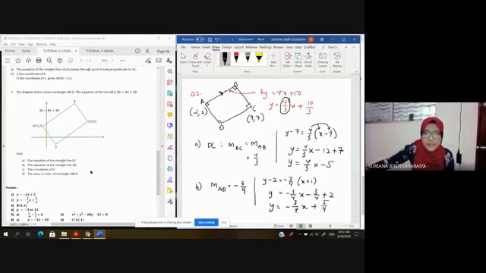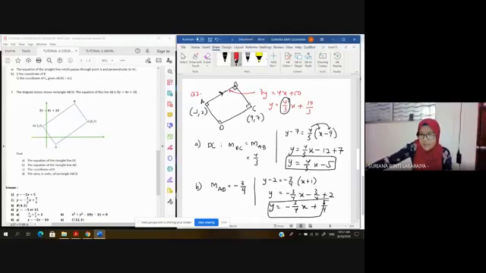Say the question also asks you to find the equation of the straight line DC or AD. Give your answer in the form of... if it gives a condition like that, you must follow that condition. Because the answer that I give here is in the form of y equals mx plus c.